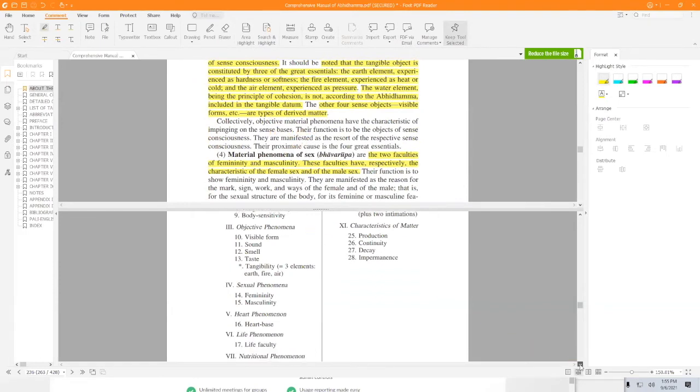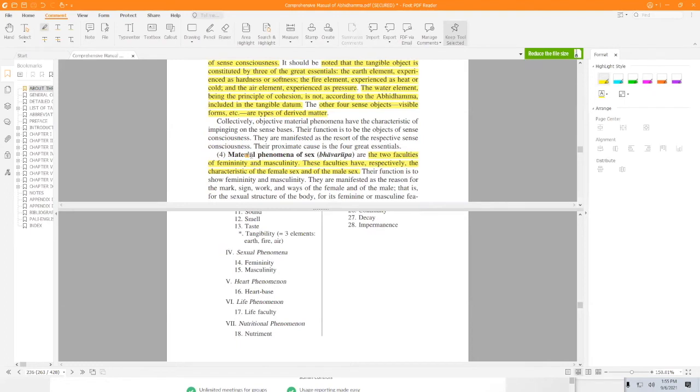Okay, continuing on, we come to what are called the material phenomena of sex, or maybe we could say sexual determination. This is the type of material phenomena that determines one's features as being either feminine or masculine. So these are called the 2 faculties of femininity and masculinity.